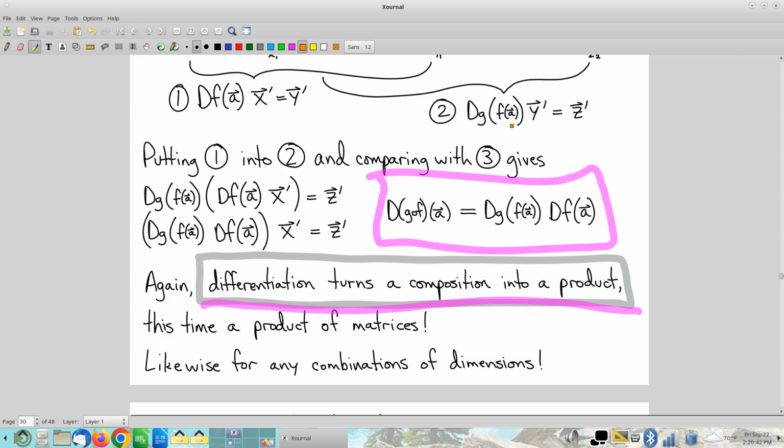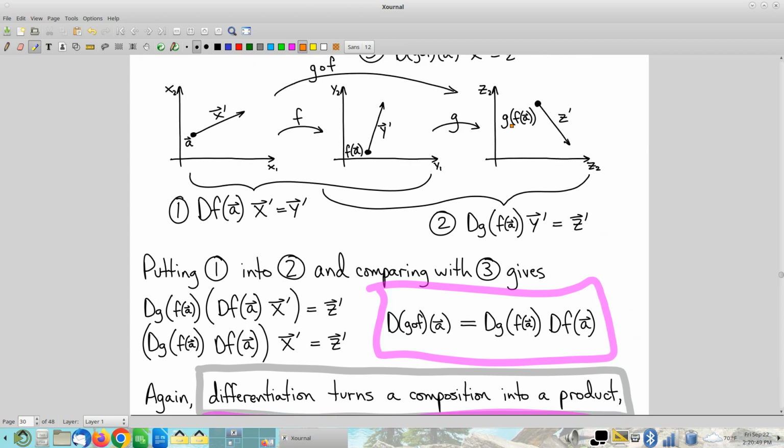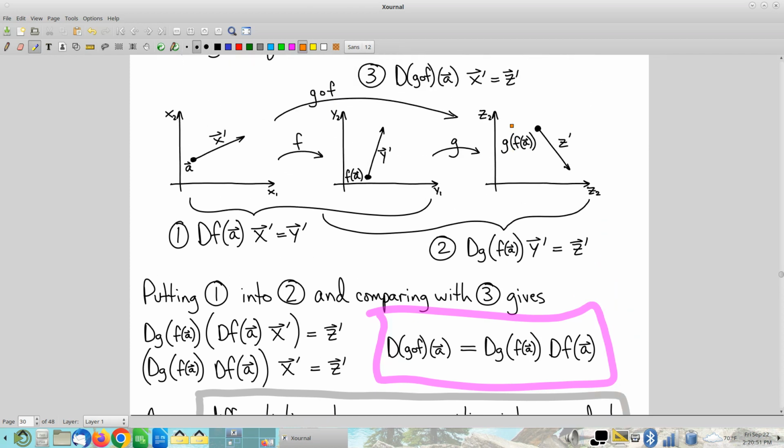And here's why I say this is tricky. Even though it kind of works out like you would expect, at least from the point of view of the order of the composition and the order of the matrices down here, G on the left, F on the right, it's just exactly what you would hope. It's sort of the opposite of what's indicated in the diagram.